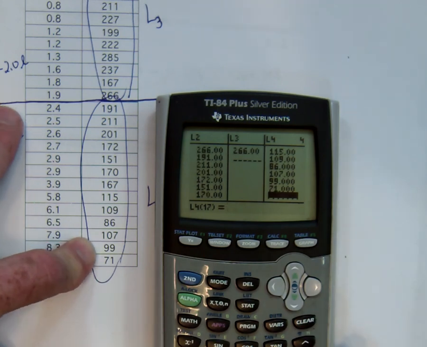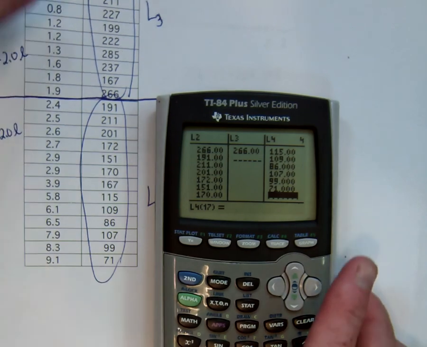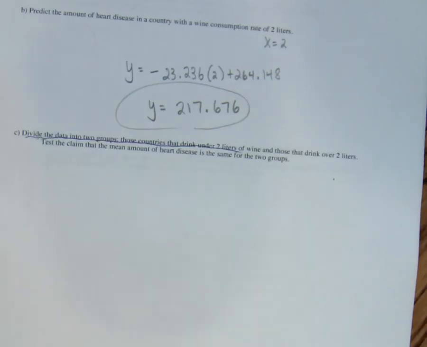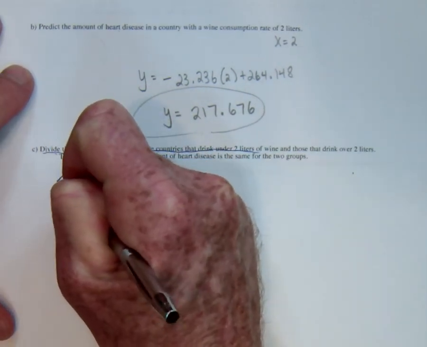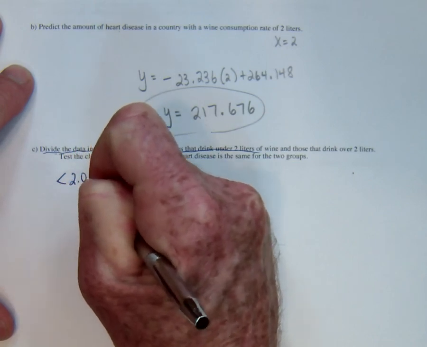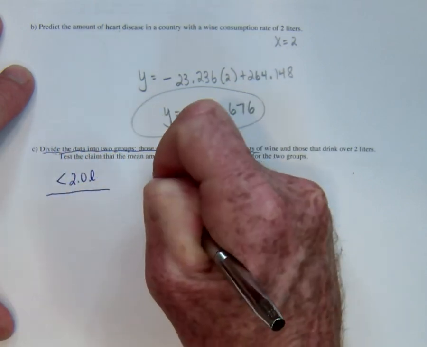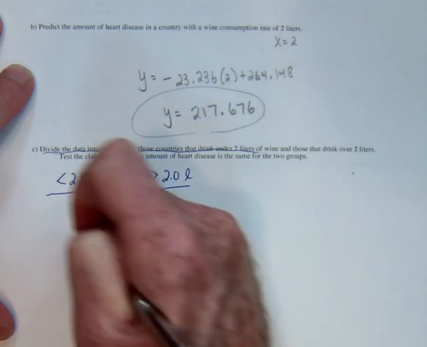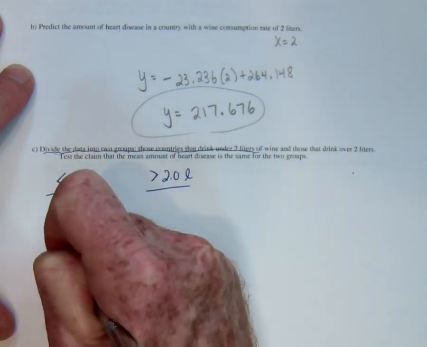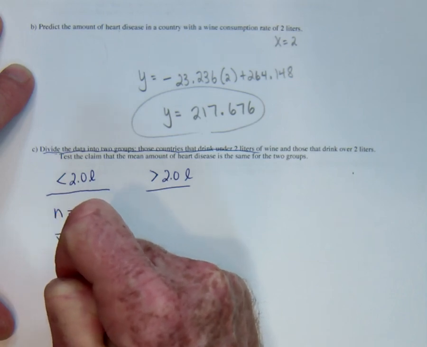Okay, now we need to find the average for each group. So we've divided the data into two groups, those that have under 2.0 liters and those that have over 2.0 liters. Then we need to know the sample size, the mean, and the standard deviation.